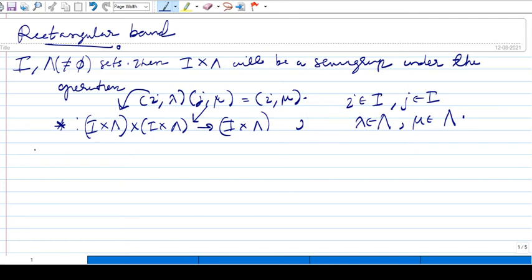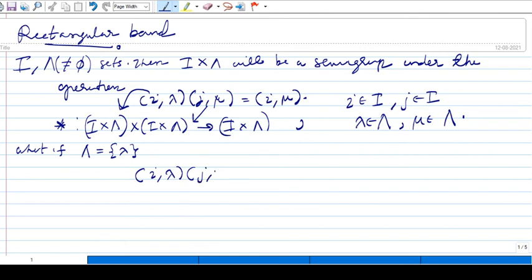The main important thing we are going to see is what happens if Λ is a singleton set {λ}. Then how do we define the multiplication rule? I is any set, but Λ is a singleton set. Then the multiplication would be (i, λ) × (j, λ).